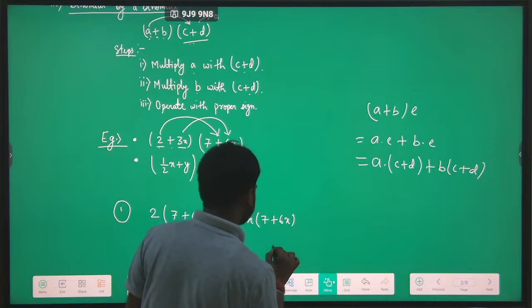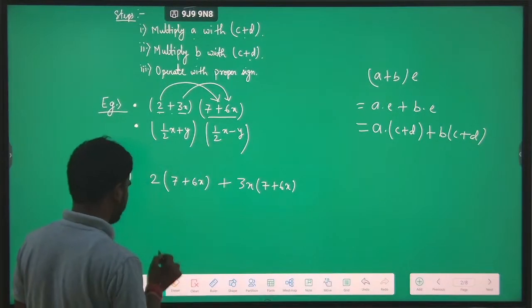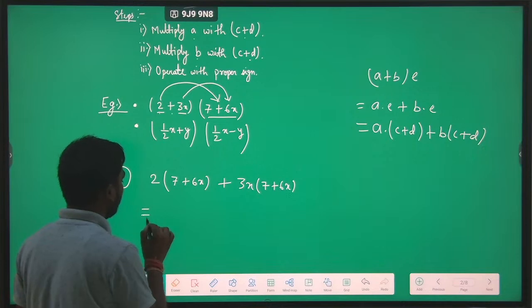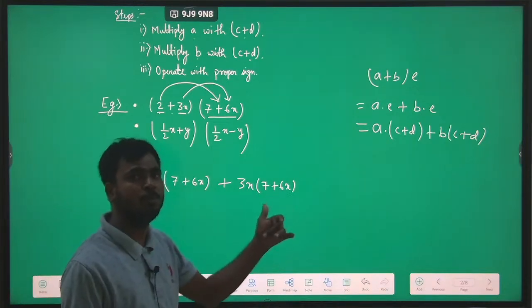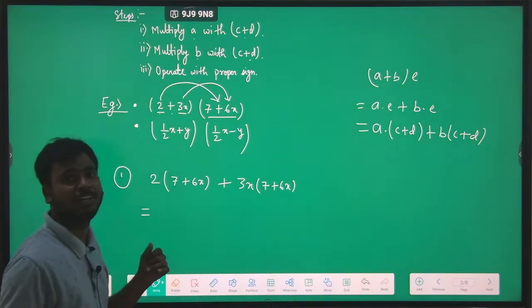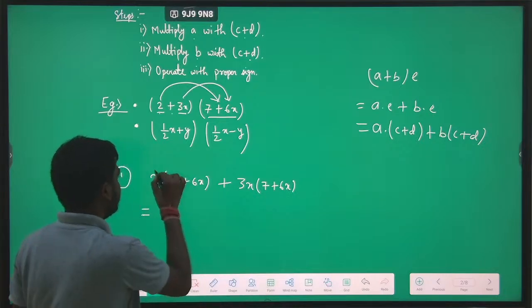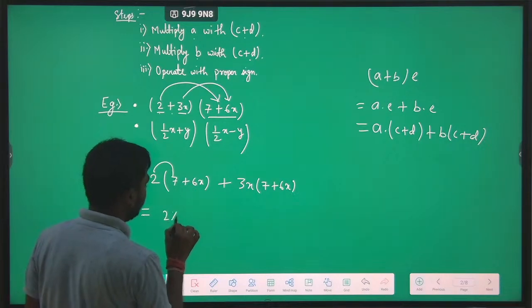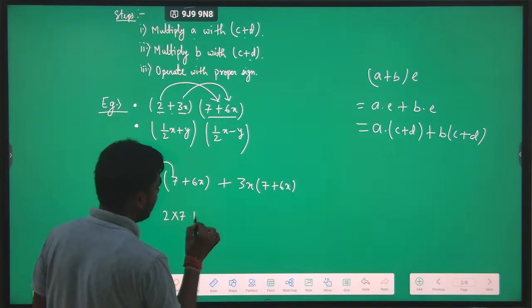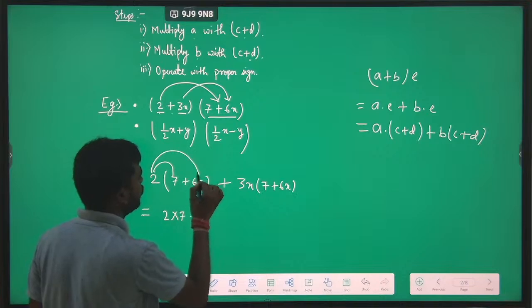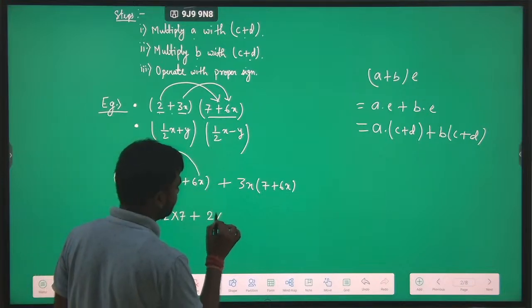Now, in the above examples of binomial with a monomial term, we used the distributive property. So here also we will use the distributive property. This 2 will be multiplied with 7 and the addition sign will remain here. Then again this 2 will be multiplied with 6x.